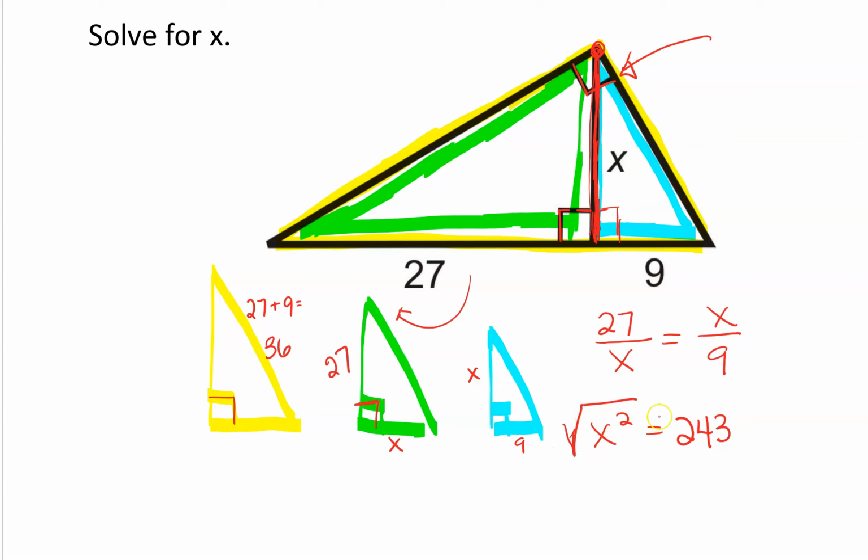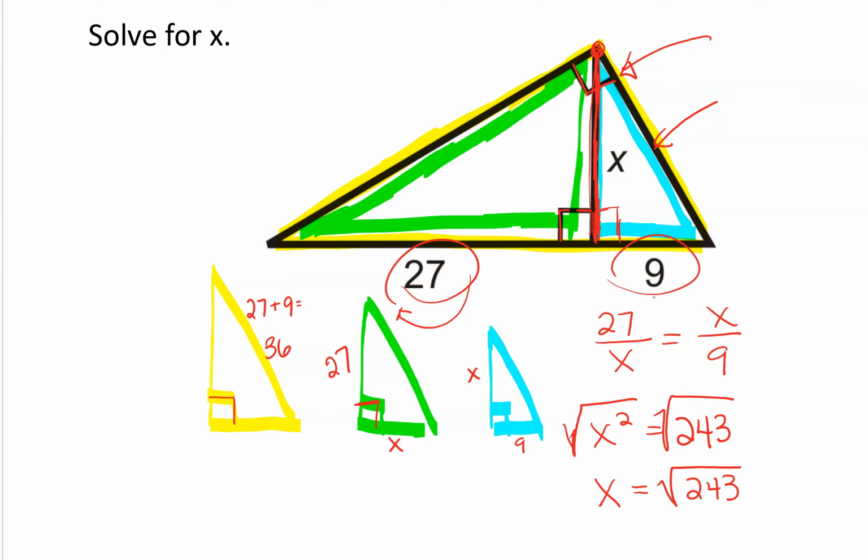I'm going to take the square root of both sides, undoing the x squared, and that becomes x equals the square root of 243. Think about what happened here. We multiplied 27 and 9, and then we took its square root. That's why we can call this the geometric mean. We say x is the geometric mean between the two parts of the hypotenuse, 27 and 9.